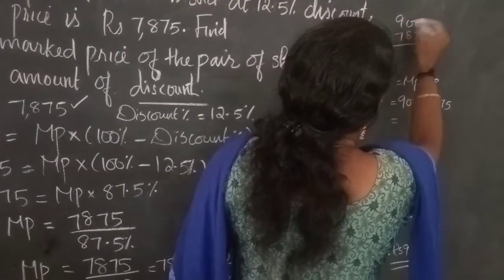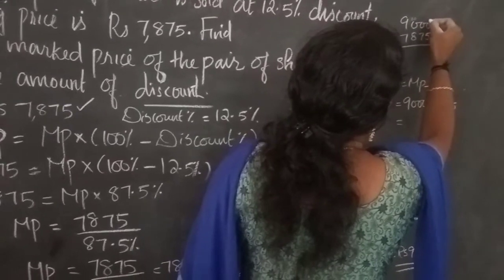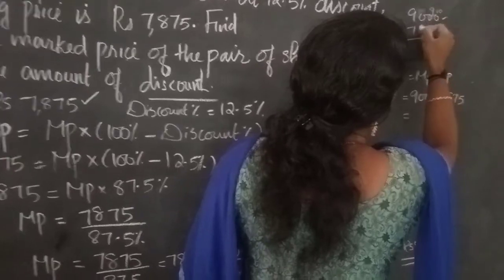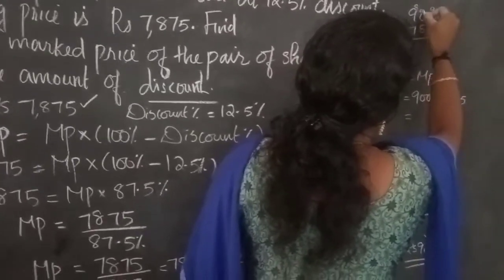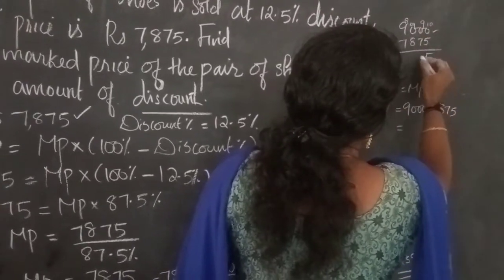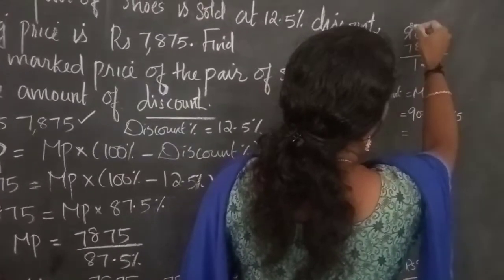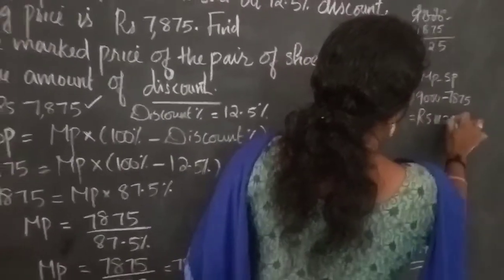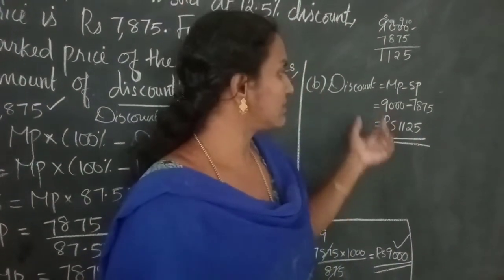Here 0 and 5 is not possible. So here 9, here 10, 10, 10. Here 1 less, 9. Here 8. So 10 minus 5, 5. 9 minus 7, 2. 9 minus 8, 1. Here 9, 8, 8 minus 7, 1. So rupees 1125. Discount is rupees 1125.